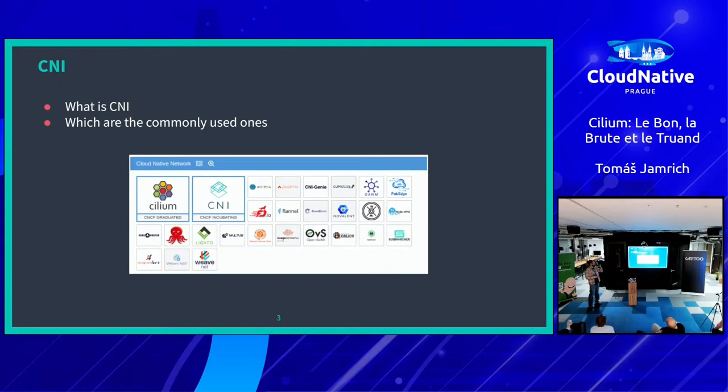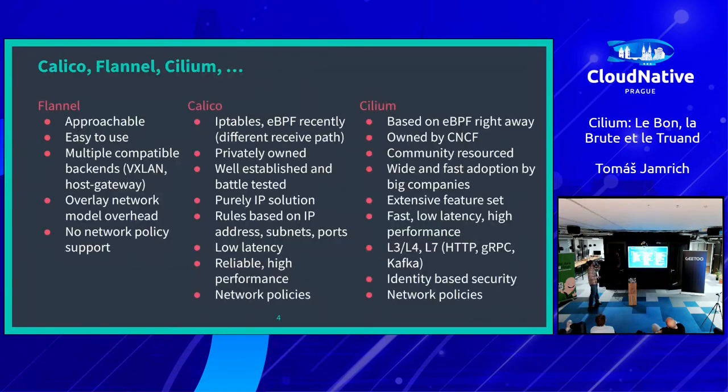So most of you, if you don't know what CNI you use, you probably have Calico in there, because it's the well-established standard for quite some time, and a lot of providers use this CNI by default in their managed Kubernetes clusters.